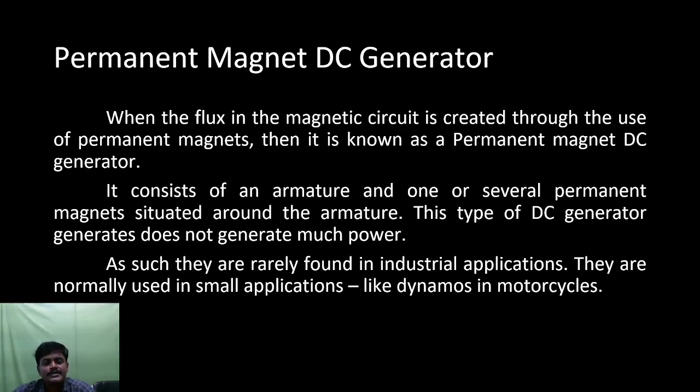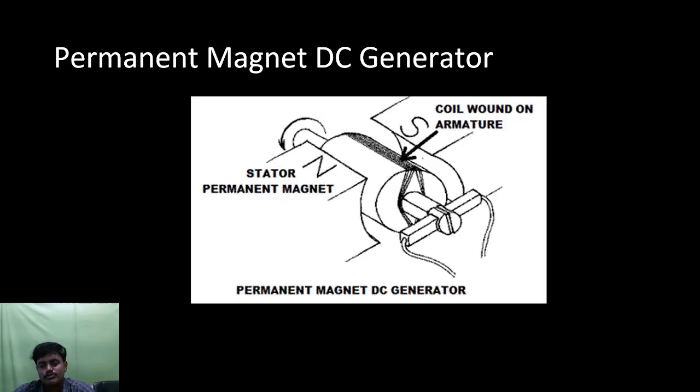That's why it is known as the permanent magnet DC generator. It consists of an armature and one or several permanent magnets. In this diagram we see two permanent magnets, and in between the permanent magnets we have the armature coil.